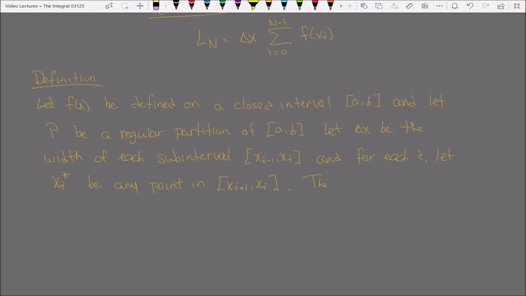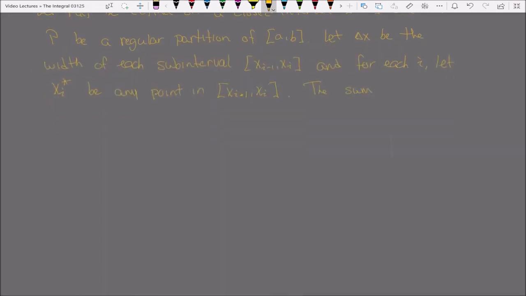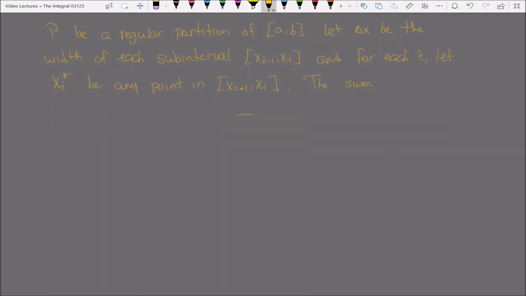The sum that is given by the summation i equals 1 to n of f of x sub i star times delta x is called a Riemann sum of f of x.